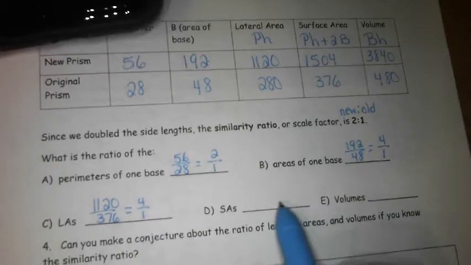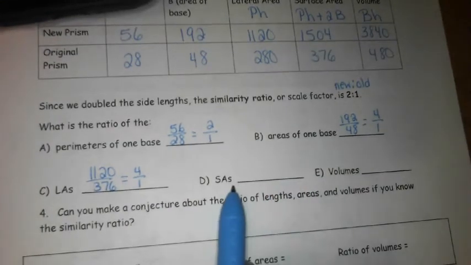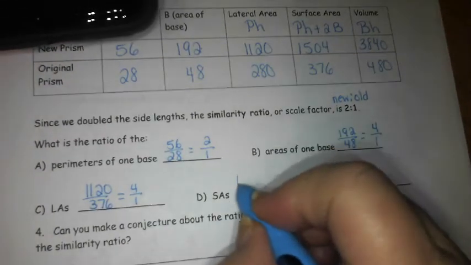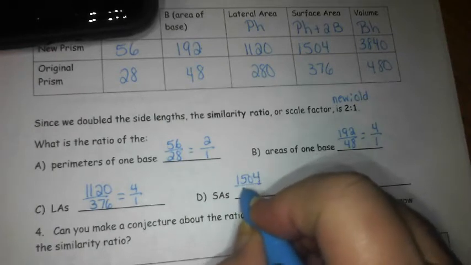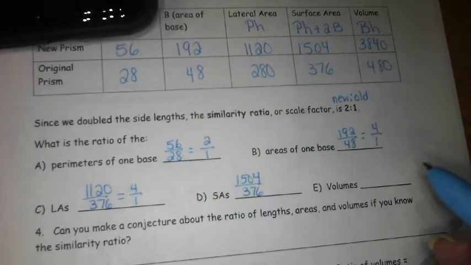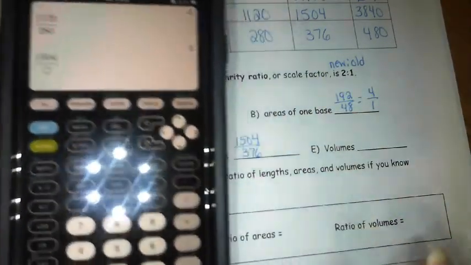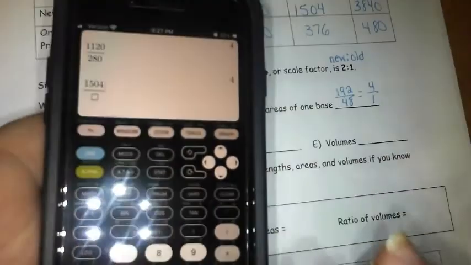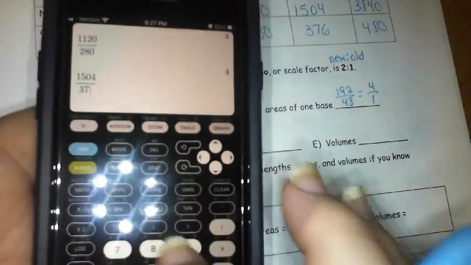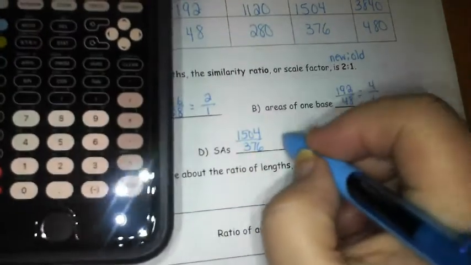So if you had to guess right now what the surface areas might be, any guesses? Let's check your conjecture and see if you're right. 1,504 over 376, also 4.